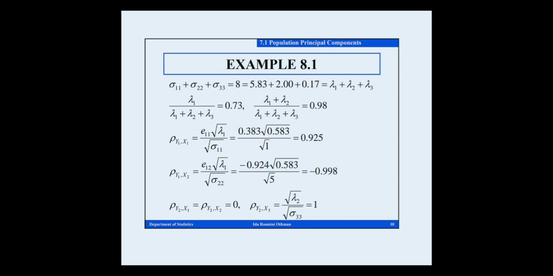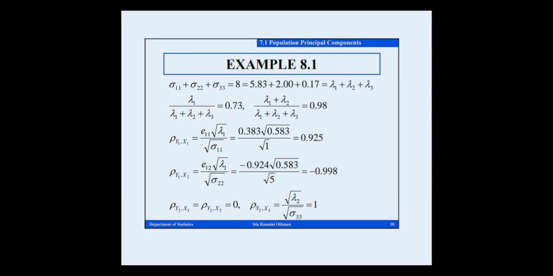Okay, let's see when we find the proportion of the total population variance due to the kth principal component. Let's say kat sini kita cari total proportion for the first principal component, lambda 1 over summation of lambda.